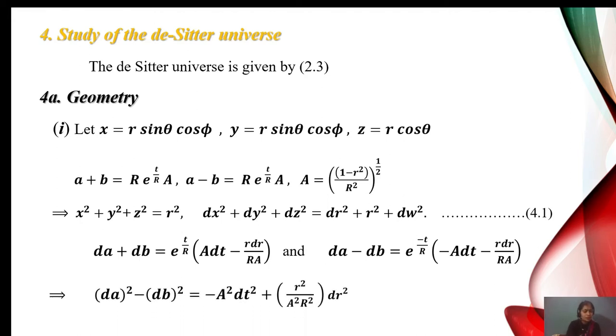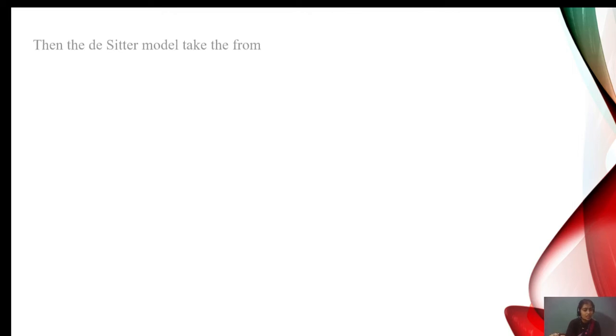The equation will be dA square minus dB square equals minus a square dt square plus r square upon a square R square dr square, where e to the power minus t by R is multiplied to both equations.